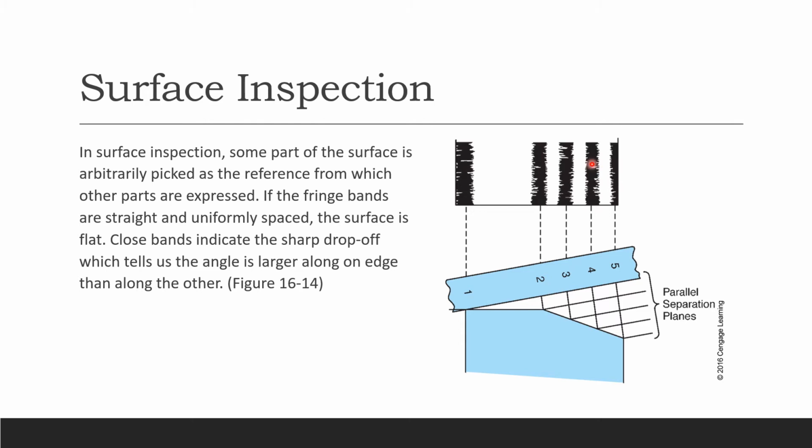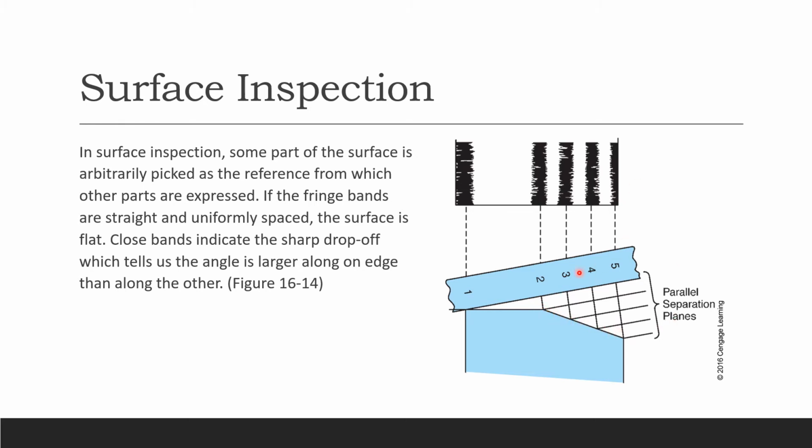So if you see a big gap and then closed bands after the gap, that means you have a sharp drop off, which tells us the angle is larger along one edge than along the other. So here you have one angle, and then you have a drop. See how the surface is straight and then the surface drops.